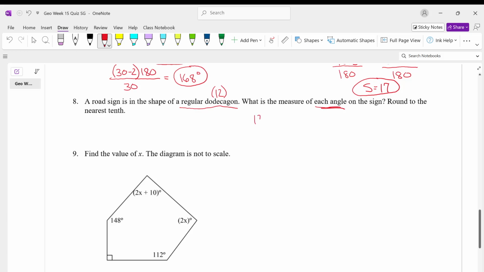So we're going to take 12 minus 2, times it by 180, and then we're going to divide it by 12, which is the number of angles. So 12 minus 2 is 10, times 180 is 1800, divided by 12 is 150 degrees.